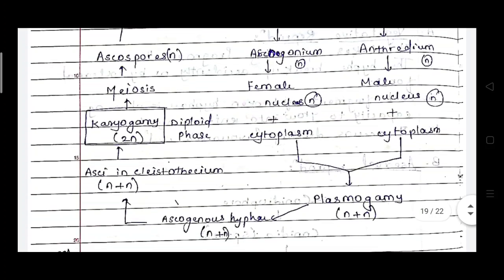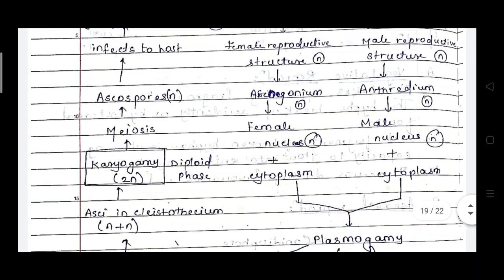Then in those reproductive organs, plasmogamy takes place. After the plasmogamy, the ascogenous hyphae produce the asci. In that asci, karyogamy takes place. After the karyogamy, meiosis takes place, and the chromosome number is reduced, and the ascospores have the haploid number of chromosomes, and they again infect and grow as a mycelium.